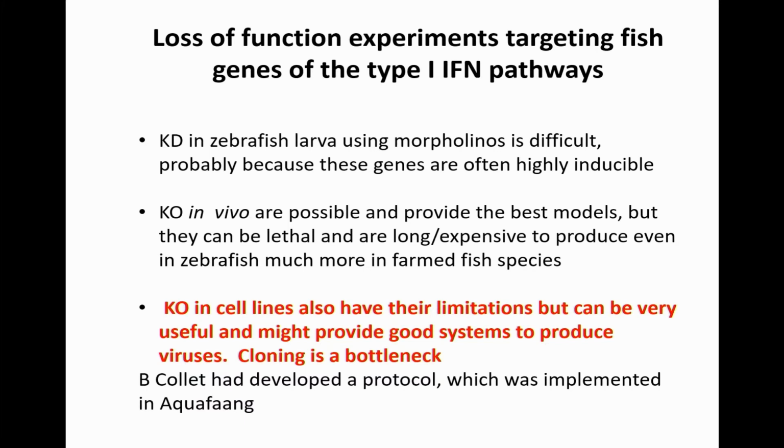And also because cloning is a bottleneck. Because, of course, when you have mutated your cells, you get a mix of mutated and non-mutated cells. And it's necessary to clone cells. And actually very few cell lines accept to grow when they are as one cell in a cell culture well.